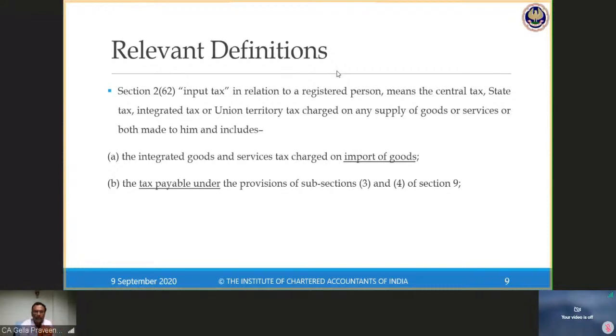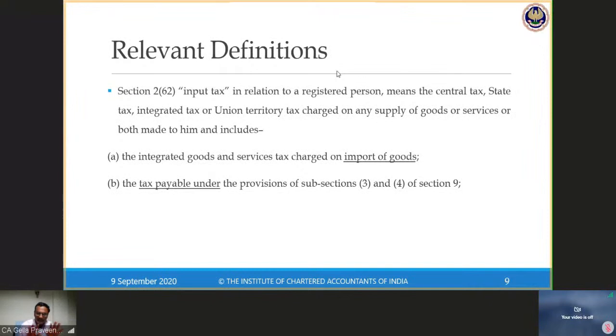Now, read this clause B: tax payable under 9(3) and 9(4). Input tax includes tax payable under 9(3) and 9(4). My question to you: as on September, I have not paid my tax of 18,000 to the government. Can I take input tax credit of that particular 18,000? I have received that service in the month of April.